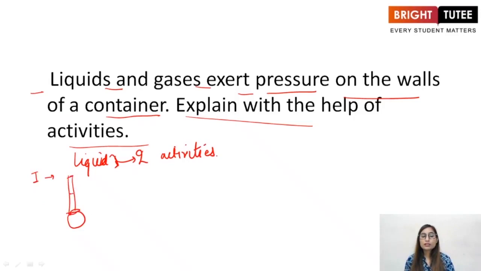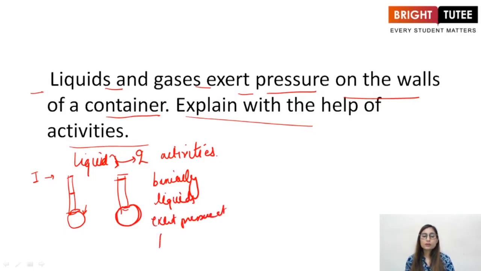When the level of water is this much, the balloon is this much inflated. When you increase the level of water, the balloon's volume is increased even more, right? So basically, from here you can tell liquids exert pressure at the bottom of the container, right?